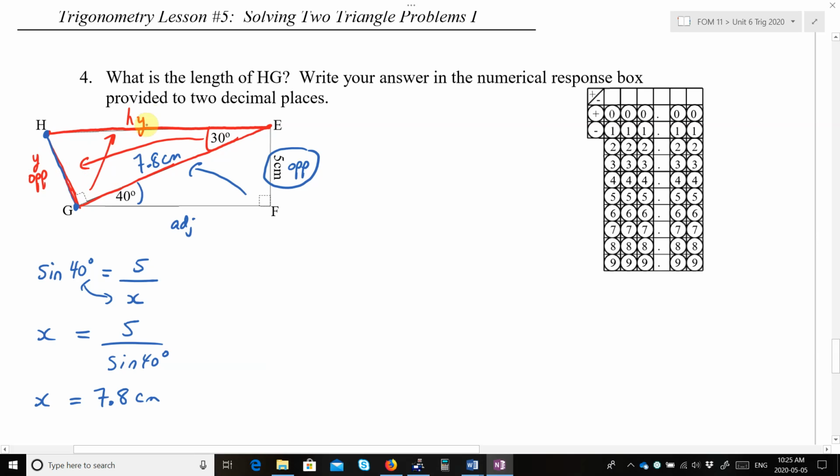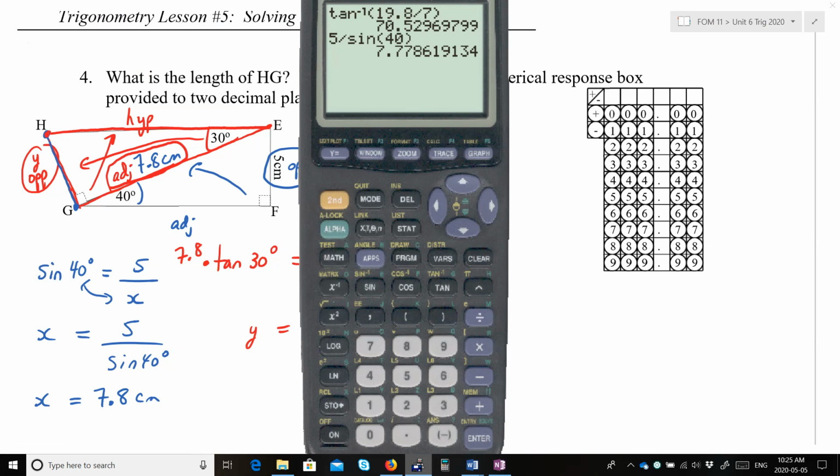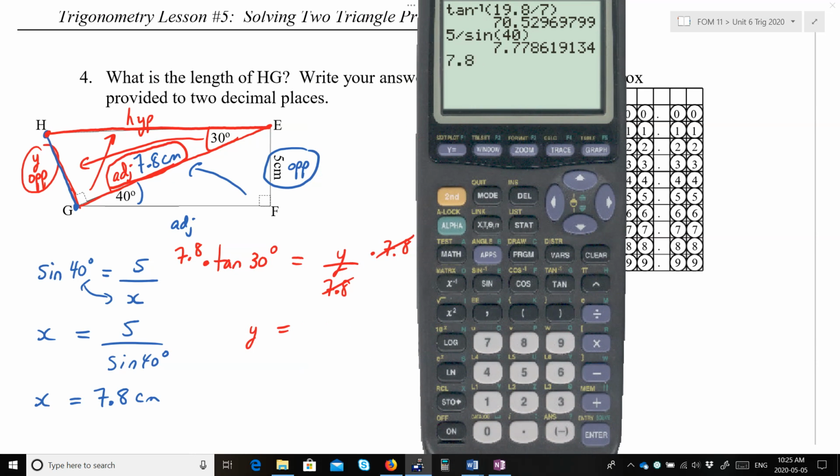Across from the 90 is the hypotenuse, which means the 7.8 is the adjacent in that triangle. So I'm looking for opposite and I have adjacent, so that's tan. Tan of 30 degrees is equal to the opposite is y, the adjacent is 7.8. Multiply both sides by 7.8, and we end up with y equals 7.8 tan 30.